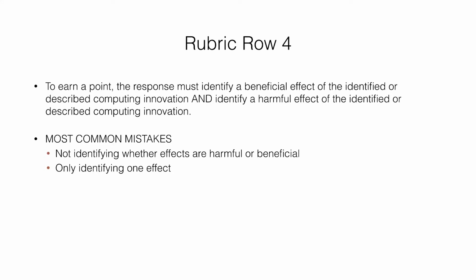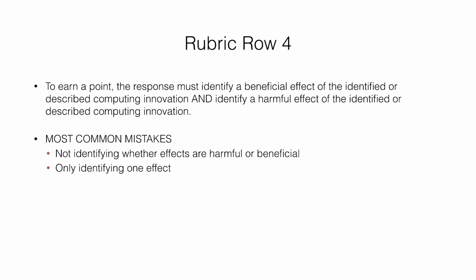Row 4, you have to do both a beneficial effect and a harmful effect. So the most common mistakes are they talk about two effects, but they don't identify one as beneficial or harmful. Or they just talk about one effect and leave off the other one. You have to say specifically, this is a beneficial effect, this is a harmful effect.